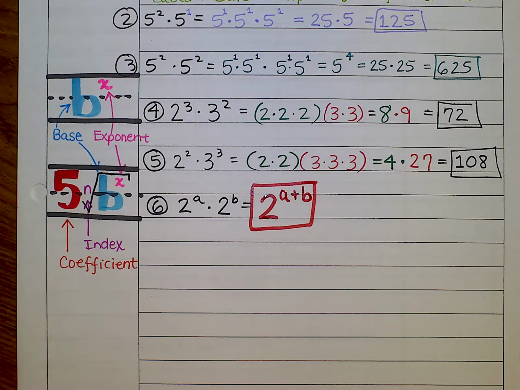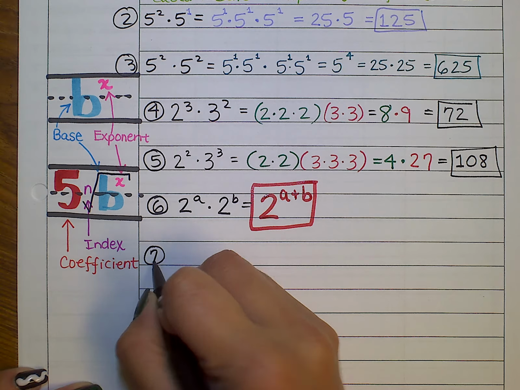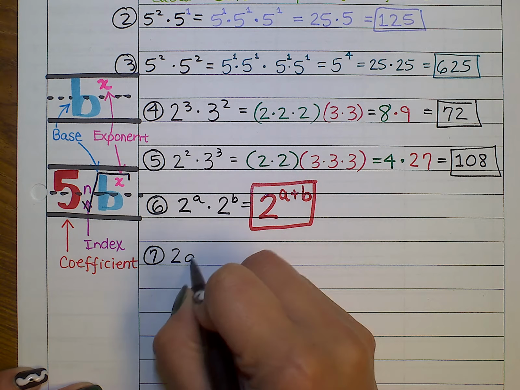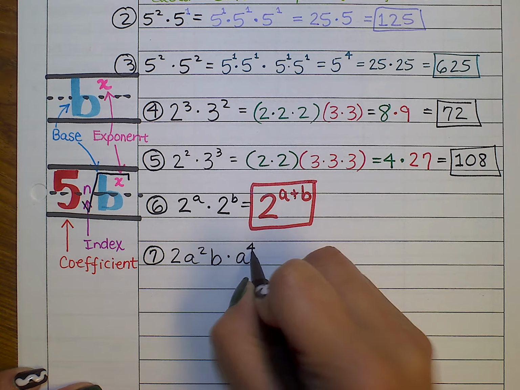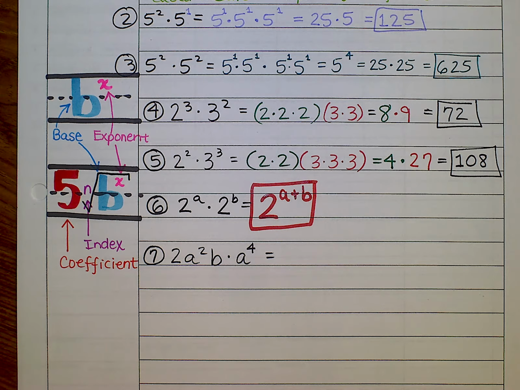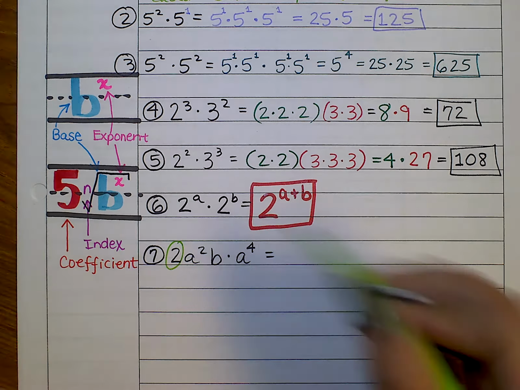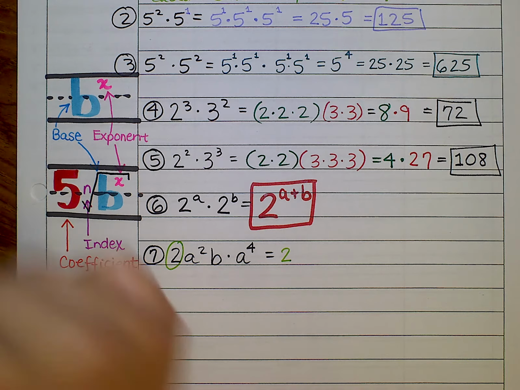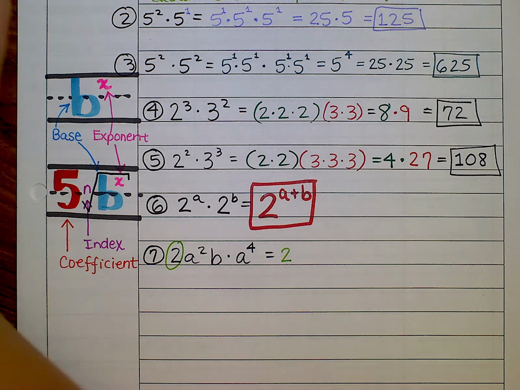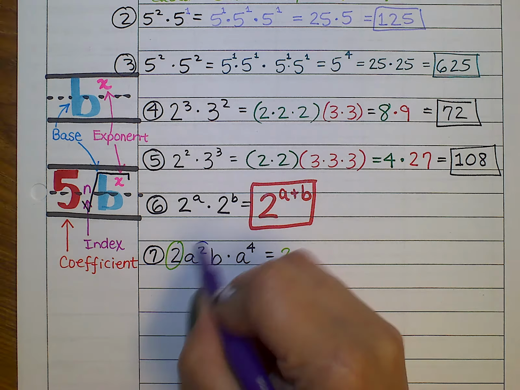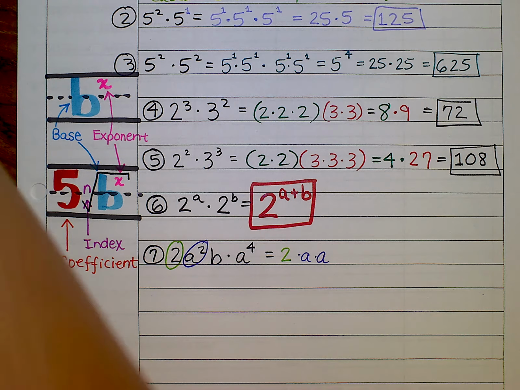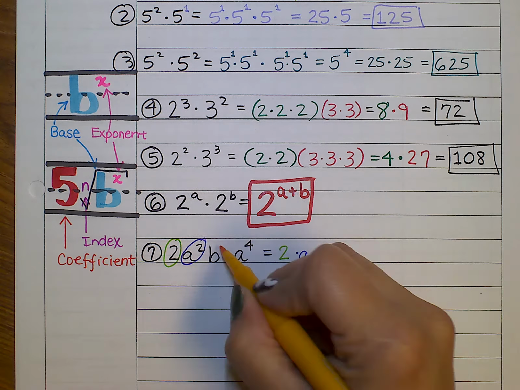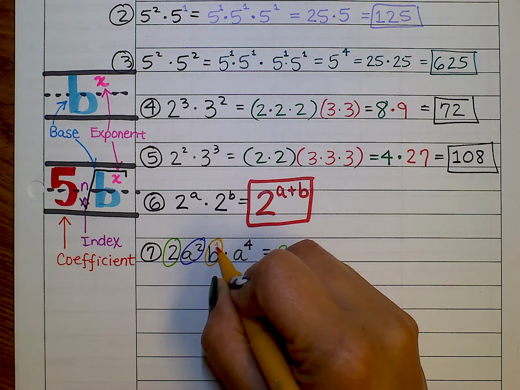So let's move on to example number 7. That one says 2a squared b times a to the fourth power. Okay, so we went ahead and rewrote this by expanding. We said 2, and then a squared was a times a, and b, there was only one of them. There's technically an exponent there.